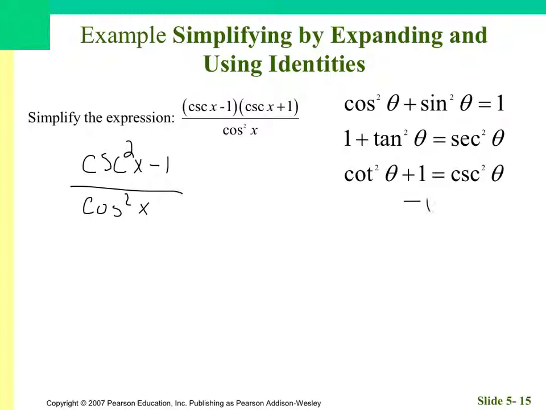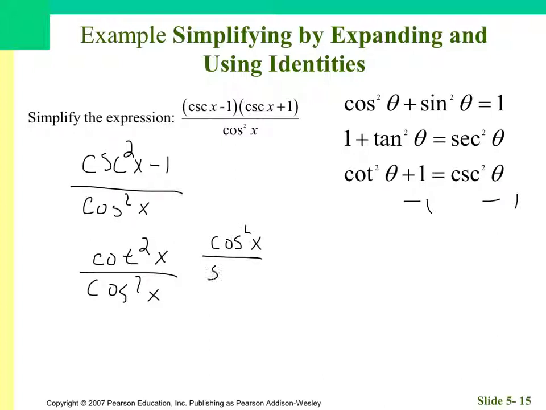But let's see, if we subtract 1 over here, this is equal to cotangent squared x over cosine squared x. And cotangent is cosine squared over sine squared divided by cosine squared.